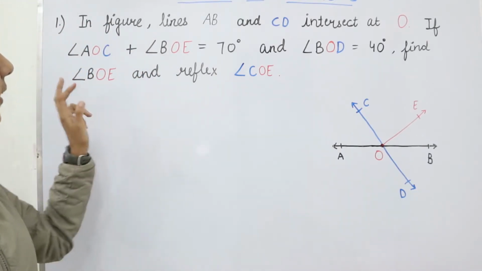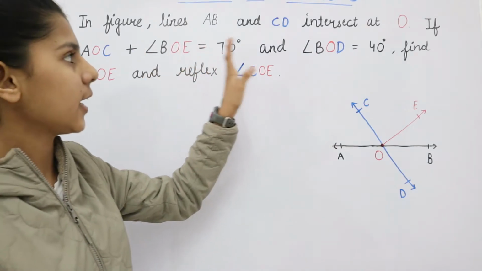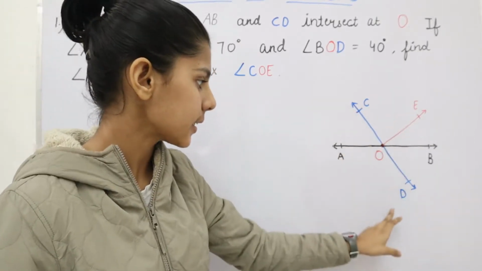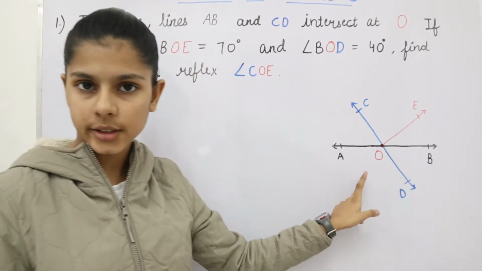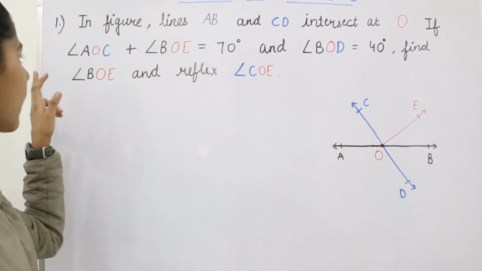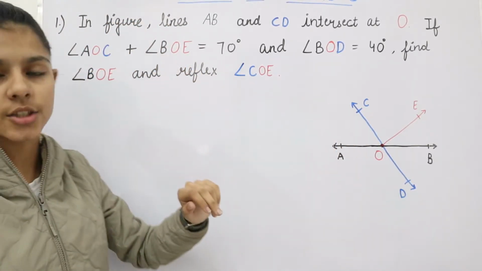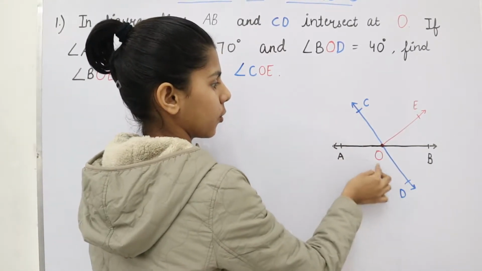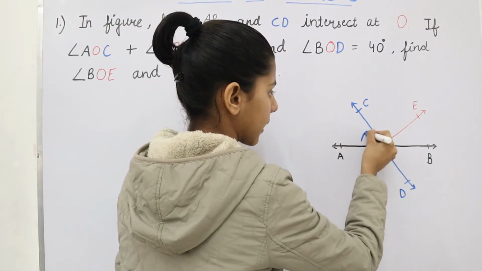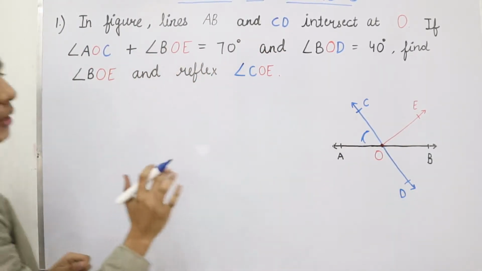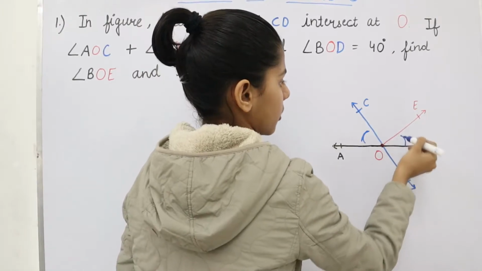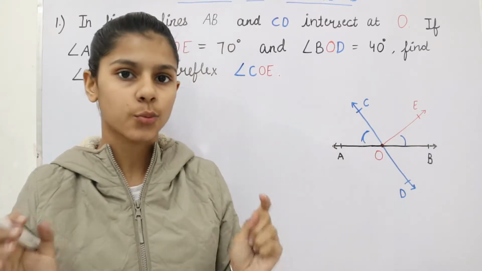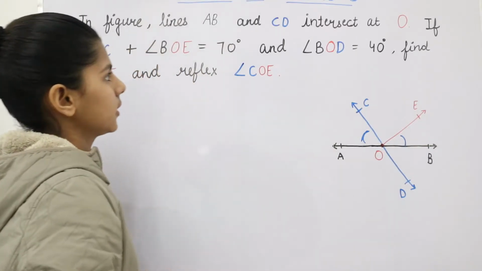In the figure I have drawn, line AB and line CD intersect at the point O. If angle AOC plus angle BOE is equal to 70 degrees, where this is angle AOC and BOE is this one angle, their sum is 70 degrees, meaning if we add both these angles we get 70 degrees.